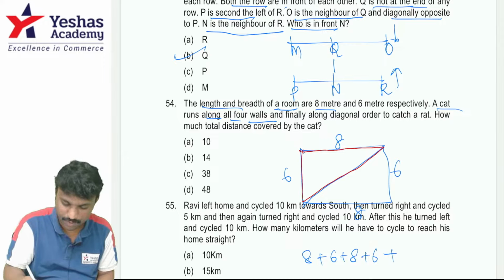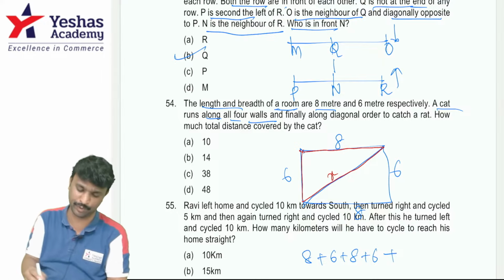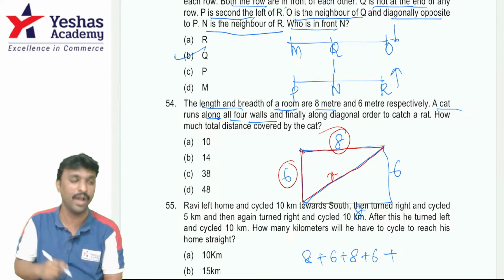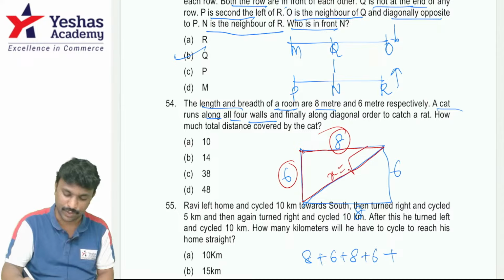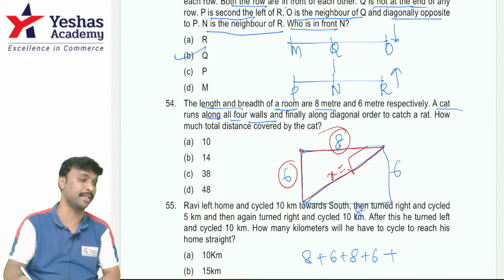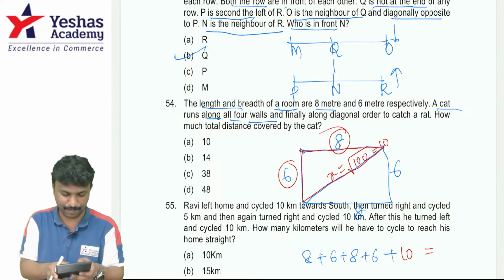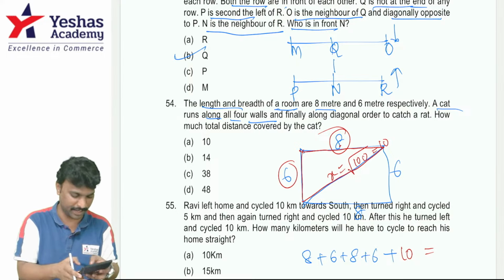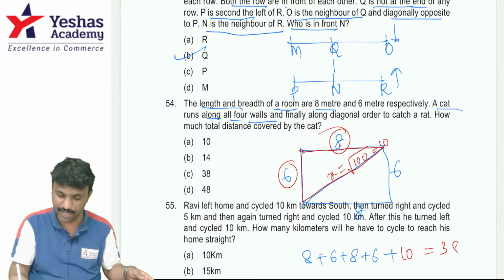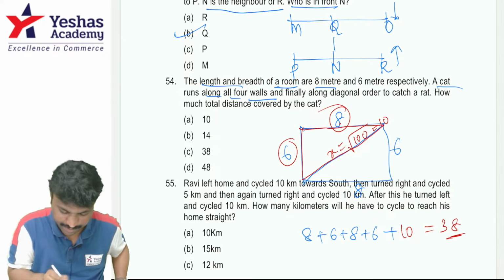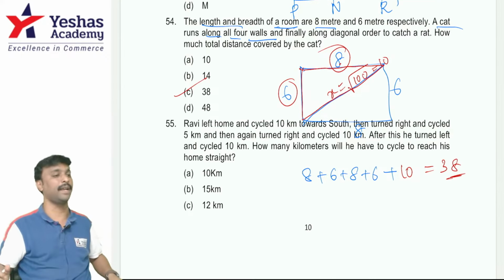Yes or no? So if I want this distance, I just have to take the sum of the squares of these two and under the root. 6 square is 36, 8 square is 64, 36 plus 64 is 100. So root 100 is 10. So diagonal distance is 10. Take your calculator, just add this up. 8 plus 8 plus 6 plus 6 plus 10, that gives you 38 meters. So option C is the right answer.